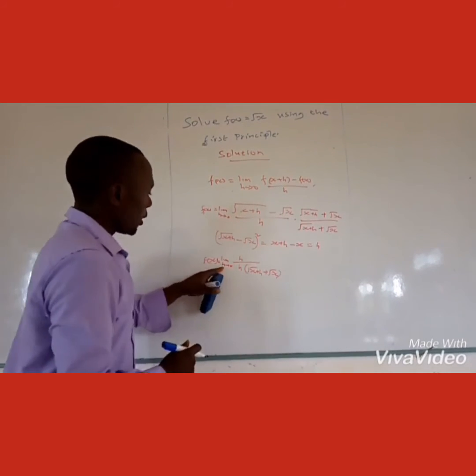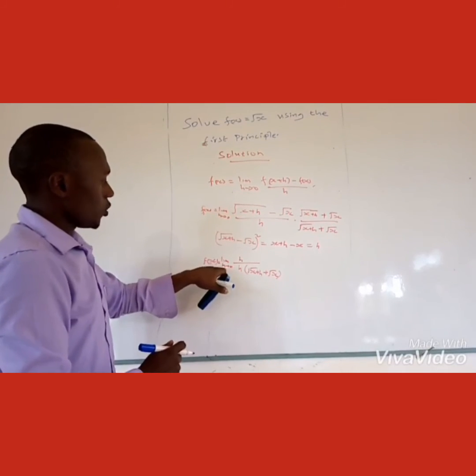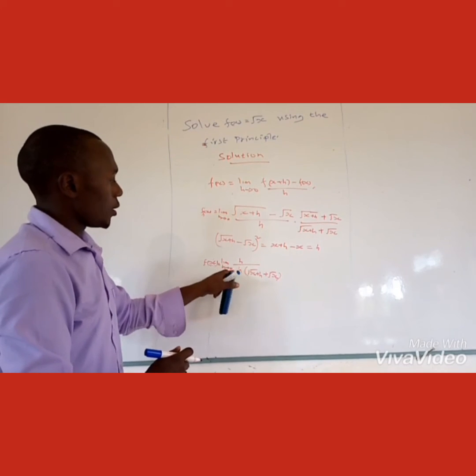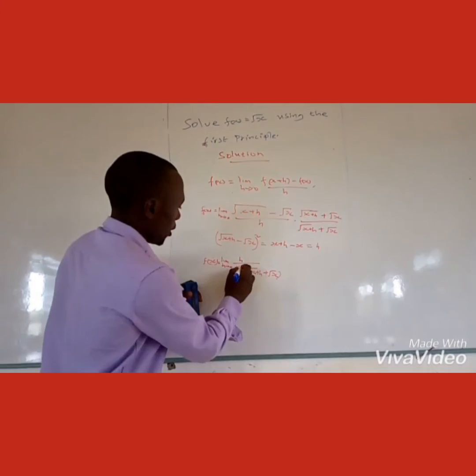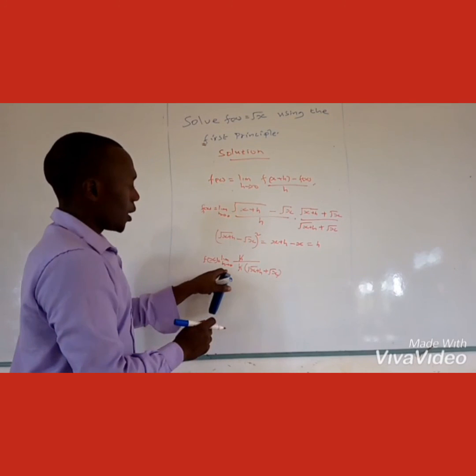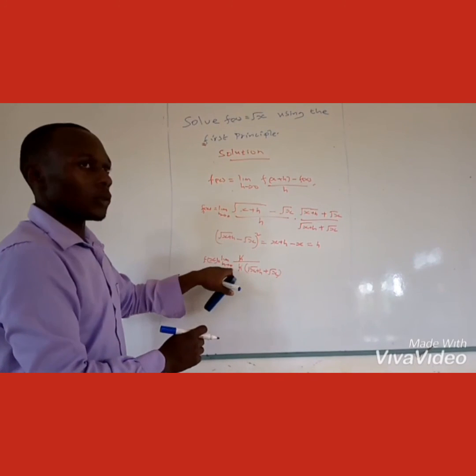But remember, the change is h tends to 0. So this h goes, and where we have h, we now substitute with 0.